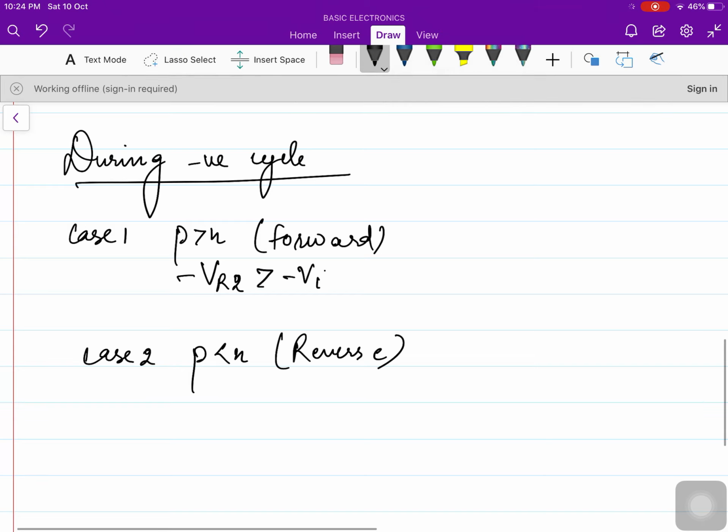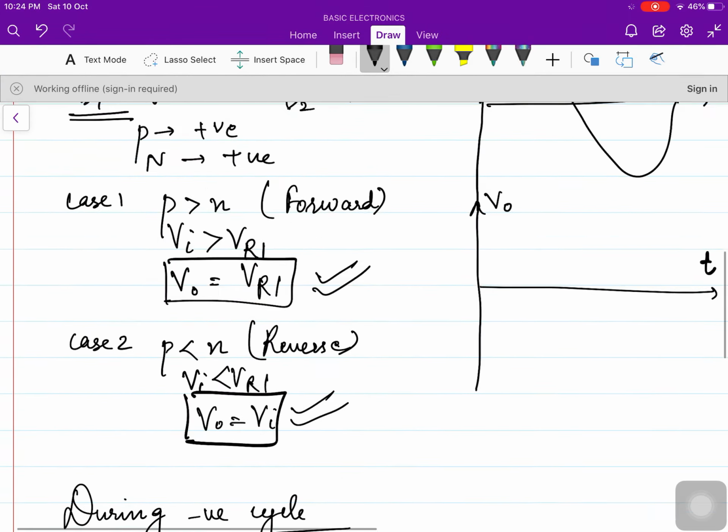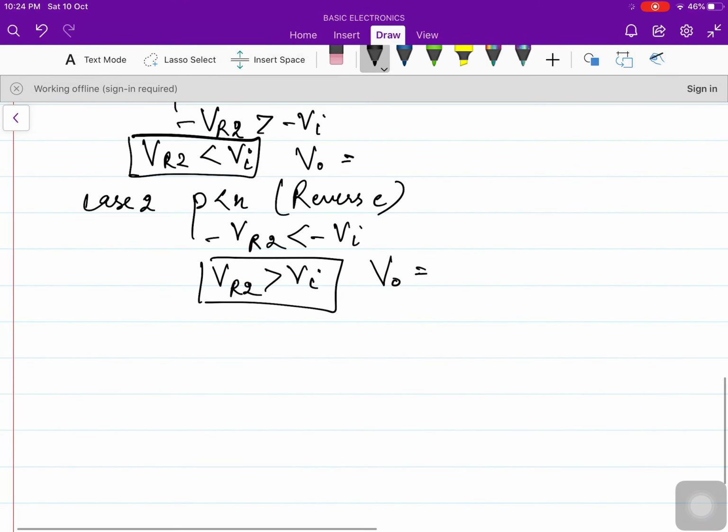Minus VR2 less than minus Vi, so it will be VR2 greater than Vi. Let us calculate V0 for each part. When D2 will be forward, V0 will be equal to minus VR2, and when D2 will be reversed, again V0 will be equal to minus Vi.